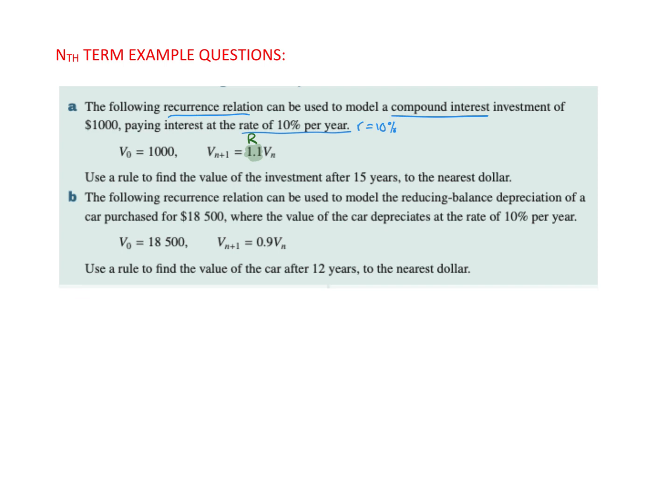So when they say use a rule, you probably want to use the nth term formula. So we're going to find the nth term rule for compound interest. Okay, so if you looked back a page, you'll see that the basic formula is this.